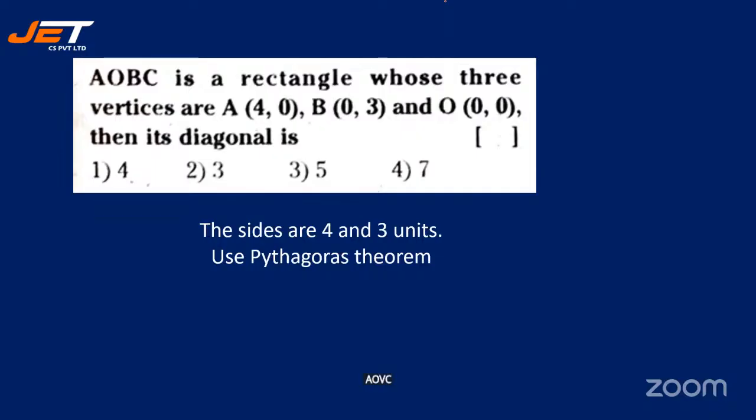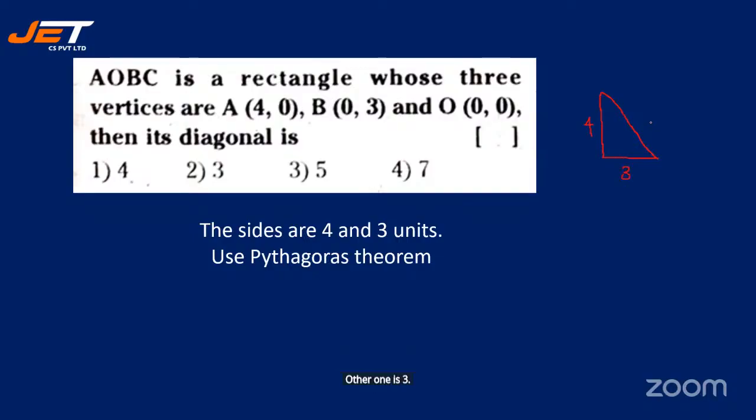AOBC is a rectangle whose three vertices are A of 4, 0, B 0, 3, and O 0, 0. Then its diagonal is dash. So you can use the Pythagoras theorem, right? One side is 4, the other one is 3.